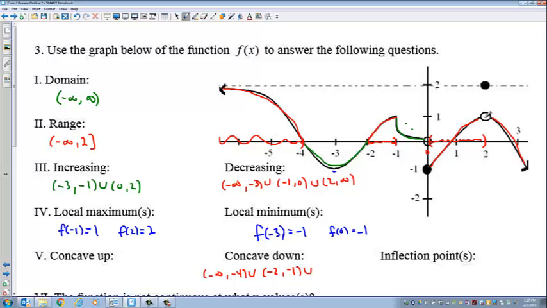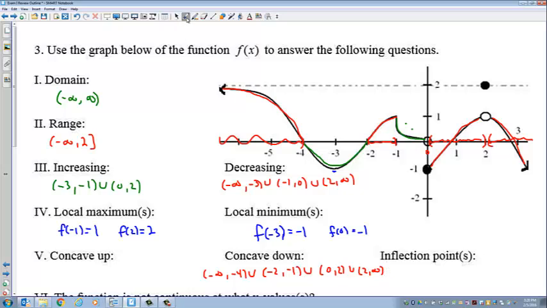I really wouldn't say it's defined to be concave down at that point because it's a point of discontinuity, so it's not even continuous there. So I probably would stop it there, so from 0 to 2, and then union 2 to infinity.